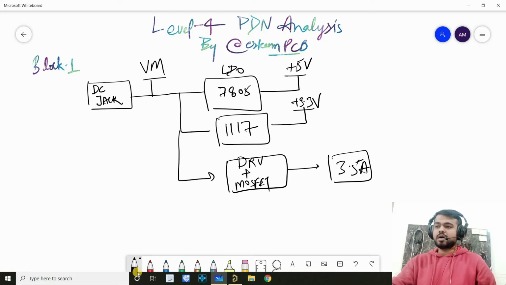About these currents, here we know the amount of current, we just have to take care of losses here, but here we don't know what amount of current is flowing through this one. From the datasheet we can see the voltage drop across these, and accordingly we'll see what amount of VM is required here. Alright, so let's move to another circuit block.